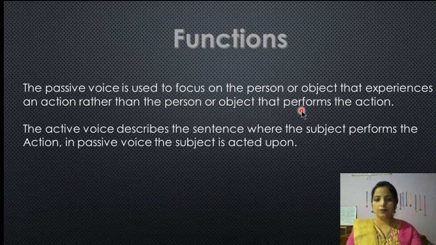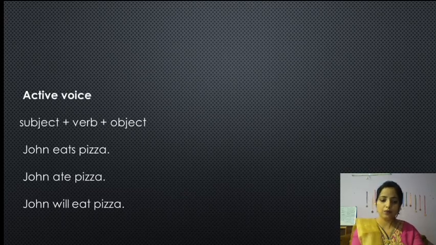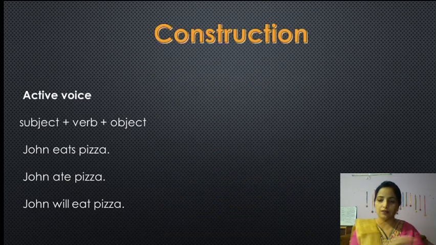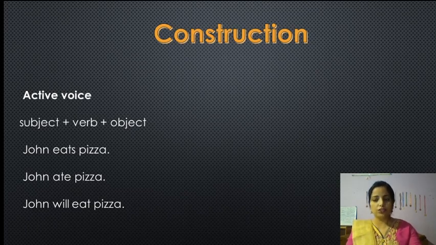Whichever subject performs the action, that itself becomes a very important aspect of your sentence. That is the basic difference. So in active voice, we have subject being very important, and in passive voice, we have object being very important. In active voice, we have subject being acted upon, and in passive voice, we have object being acted upon.